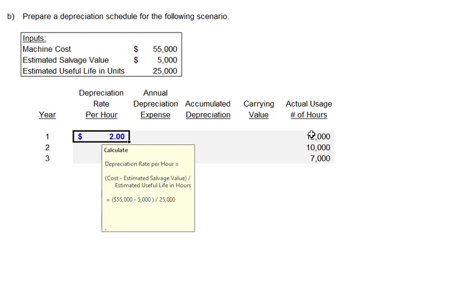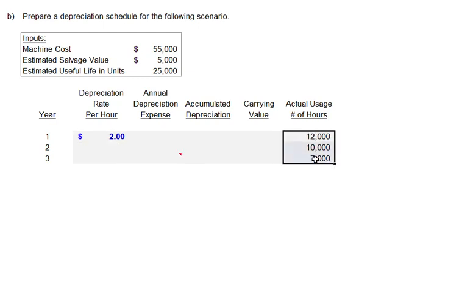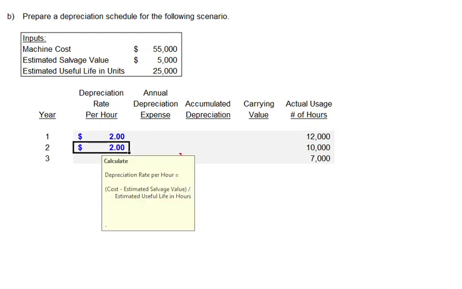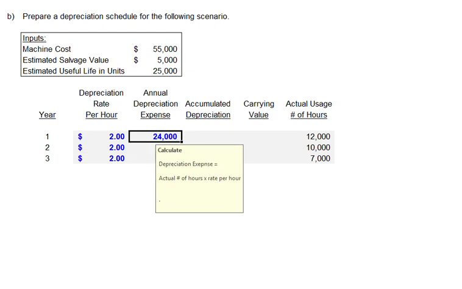Again, we have information on actual usage, which might be higher than we estimated or lower, but it's an after-the-fact calculation. So first year, what are we going to do? We've got 12,000 hours of usage, or actually I guess that should say units. So 12,000 units times $2. We've got depreciation expense from that first year of $24,000.